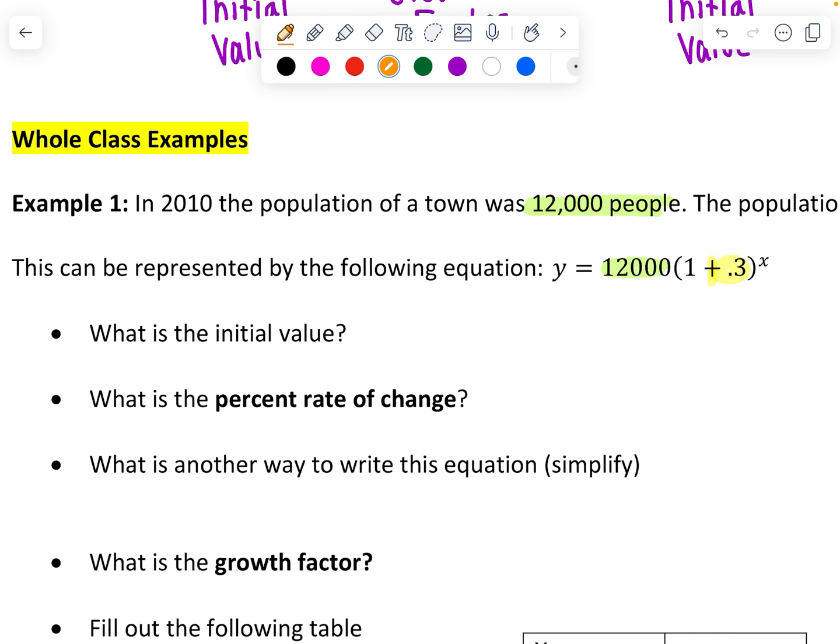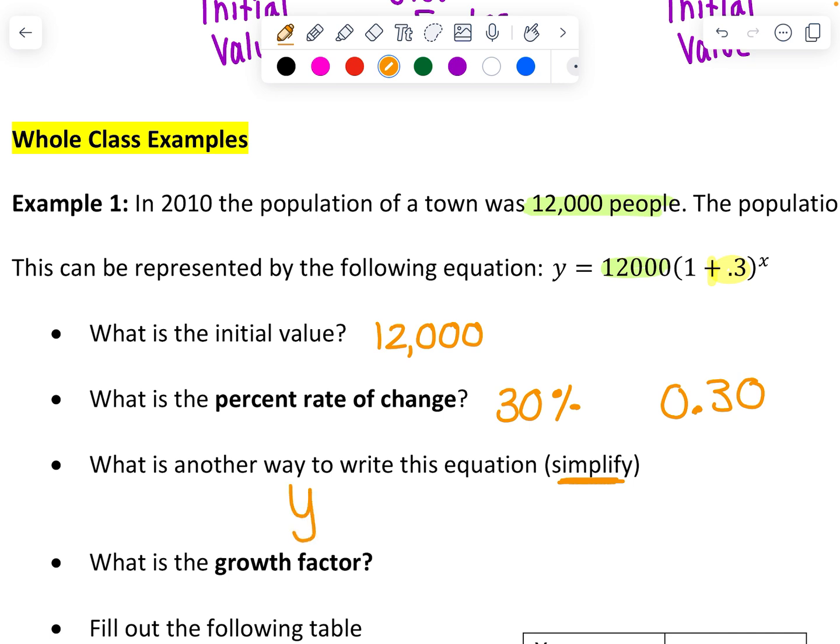So we're just going to answer the following questions. What is the initial value? It is 12,000. That's how many people we started with. What is the percent rate of change? You can write it with a percent sign, or you could write it as a decimal without the percent sign. I'm okay with either one right now. And then what is another way to write this equation? They want us to simplify.